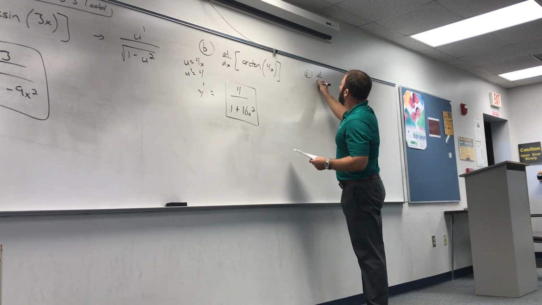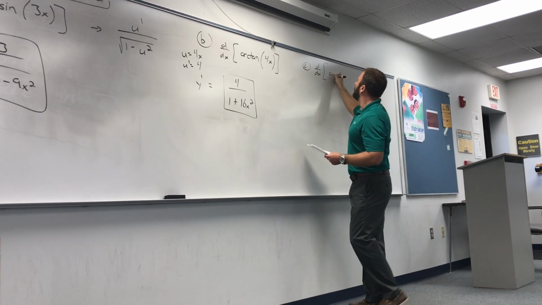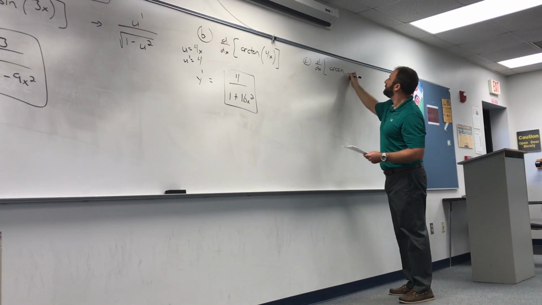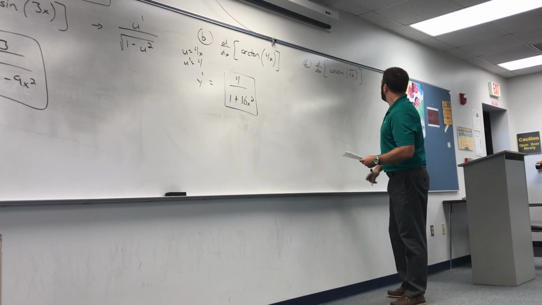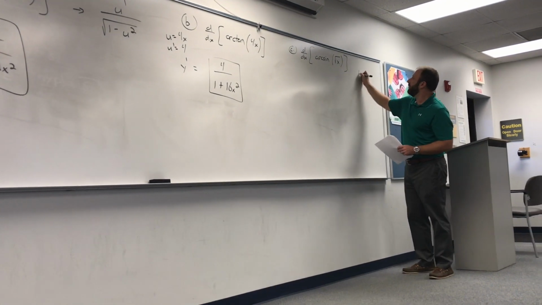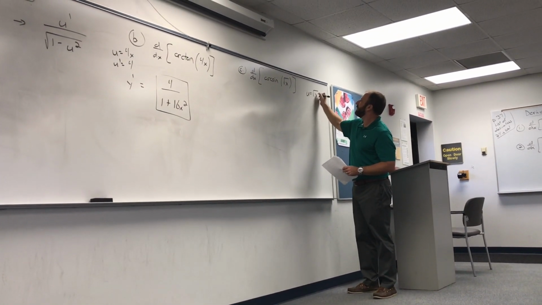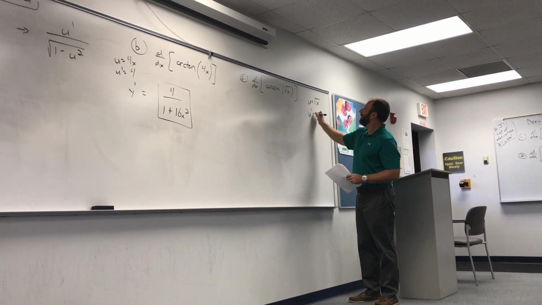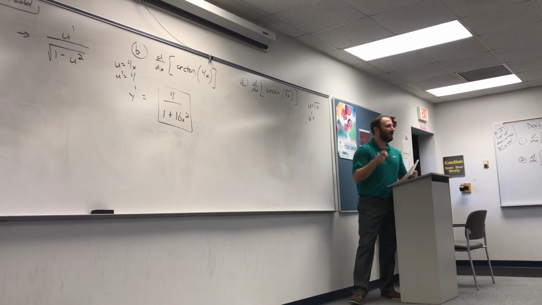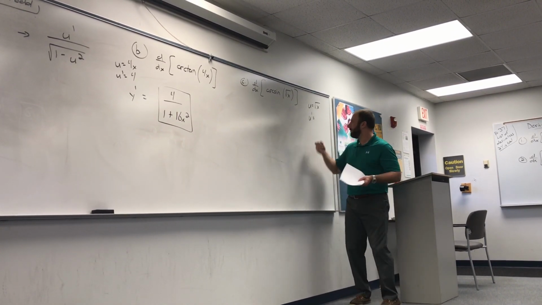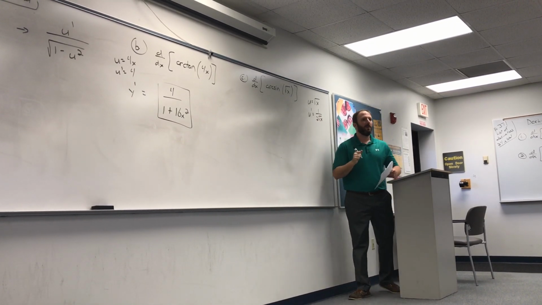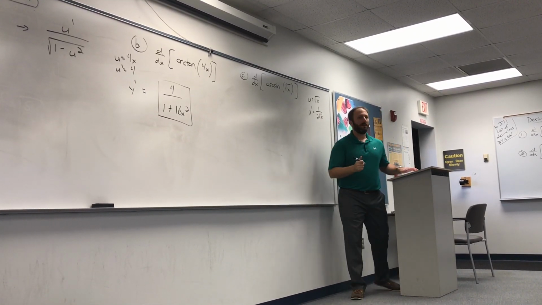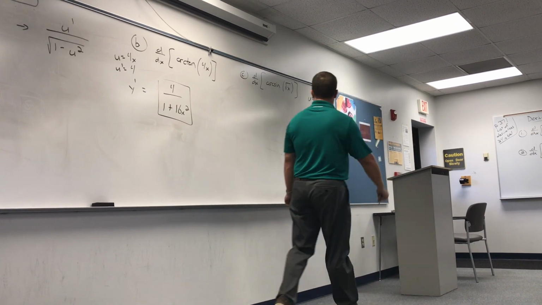So we had the derivative of arc sine of root x. So let's get this started at least. U here is going to be root x. What's u prime, guys? 1 over 2 root x. Good. We've seen him time and time again. Let's plug this in and see what we get. So we're back to arc sine.